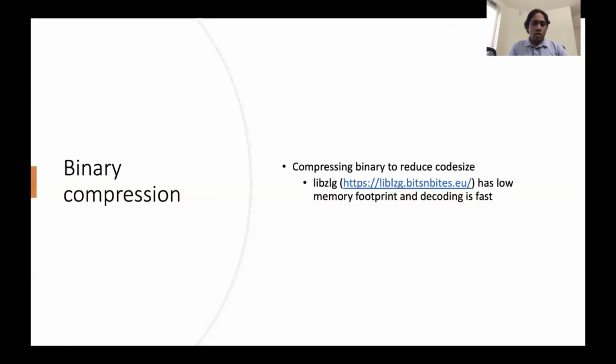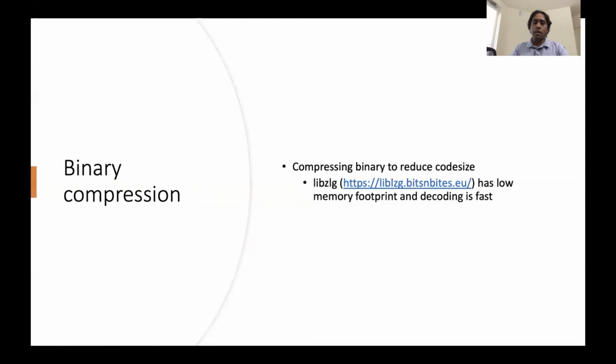This is another approach called binary compression. Basically, pieces of code which are not widely used, we can compress them, and in case they are about to be used, we uncompress them and then load them with dynamic library loader APIs. I have not personally used this.